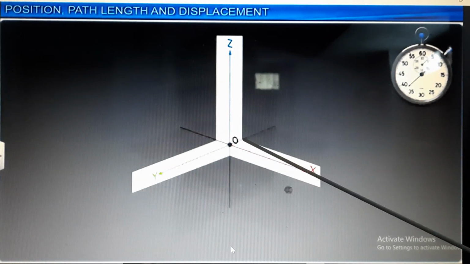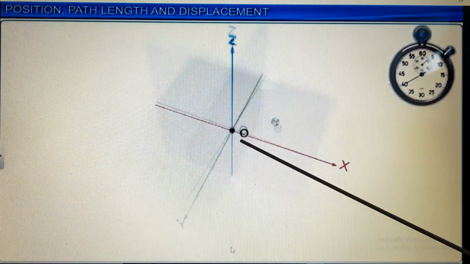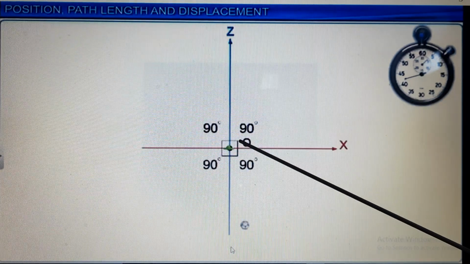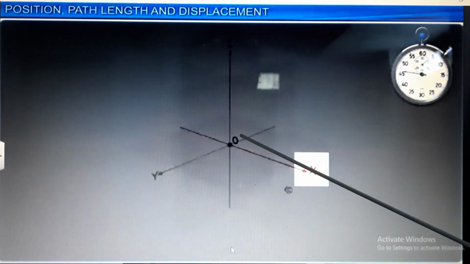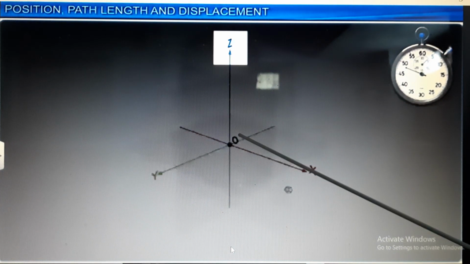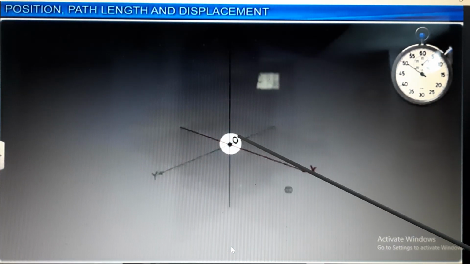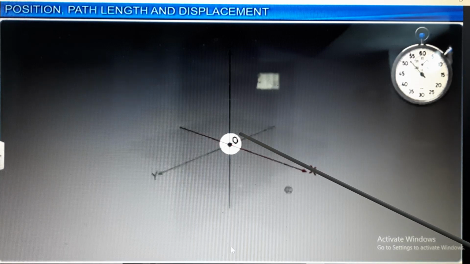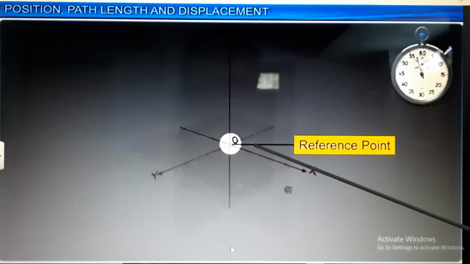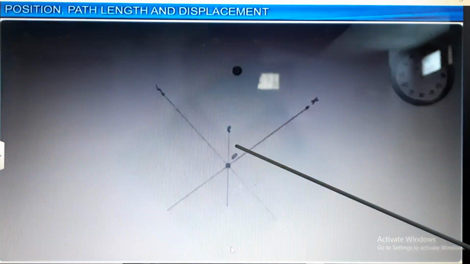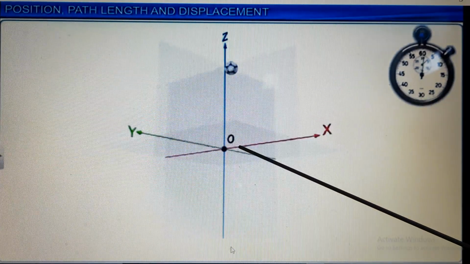Here O is the origin of the Cartesian coordinate system. Here the angle between any two axes is always 90 degrees.